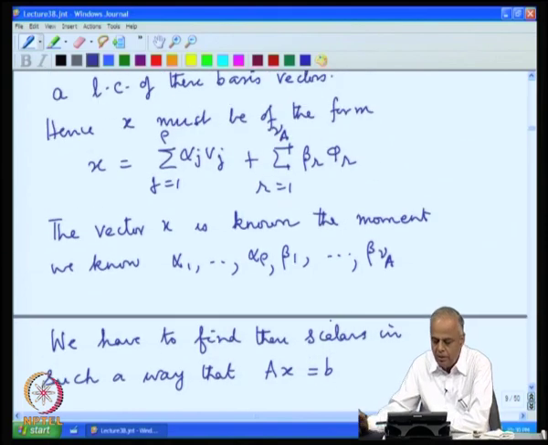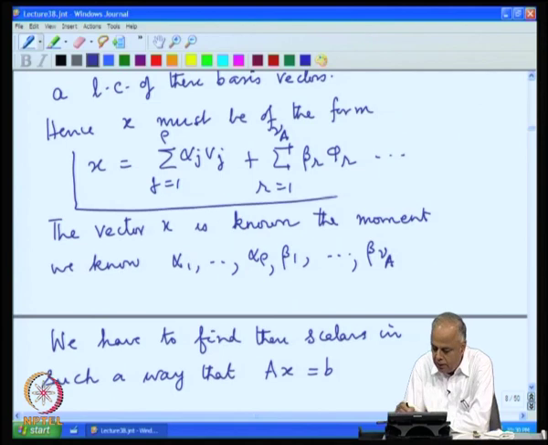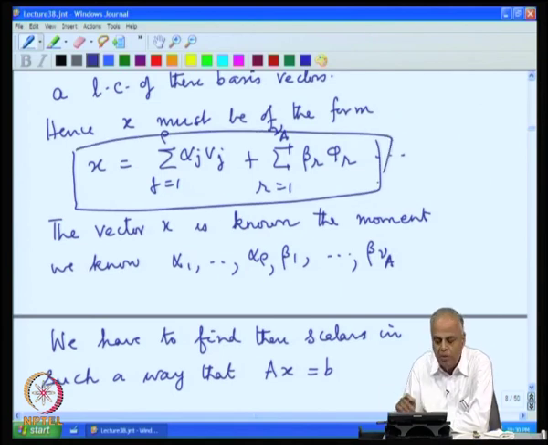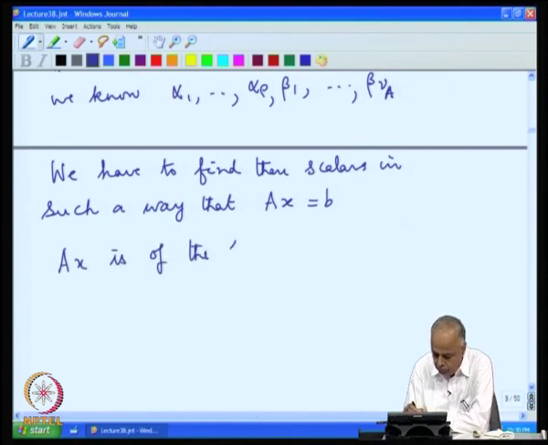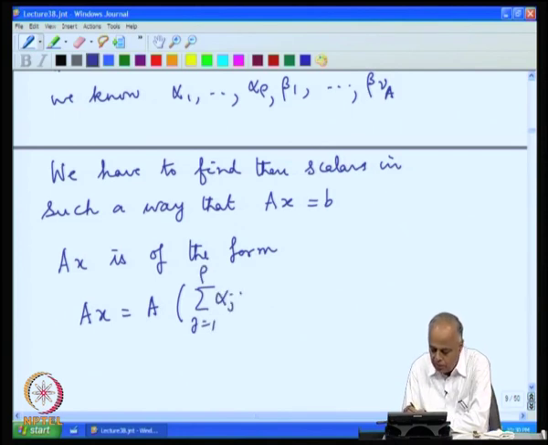So, if x is this, what is A x? We have the representation for x, a linear combination of the basis vectors.